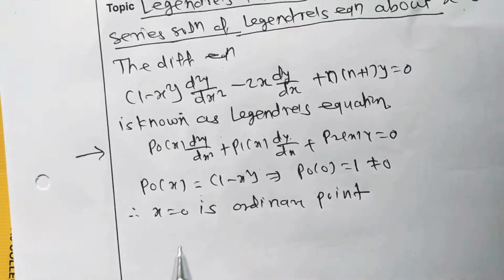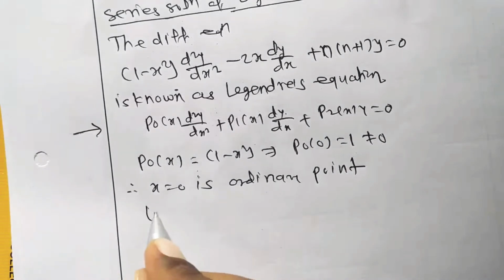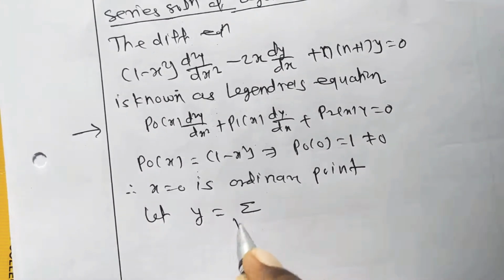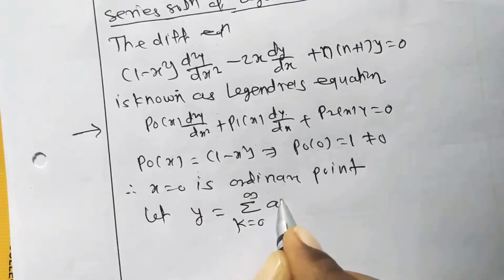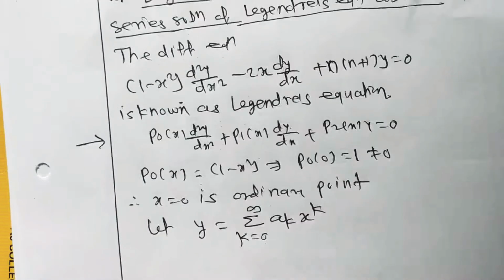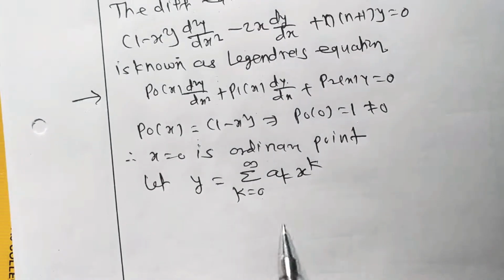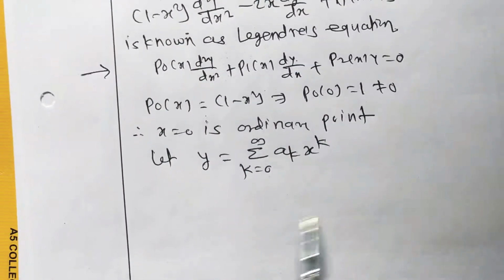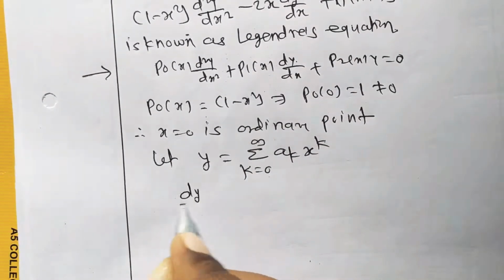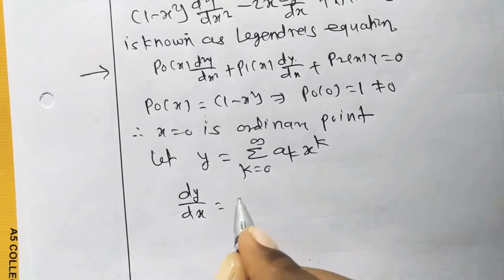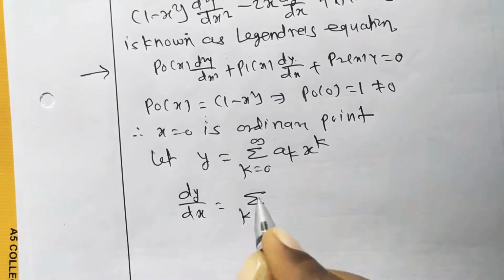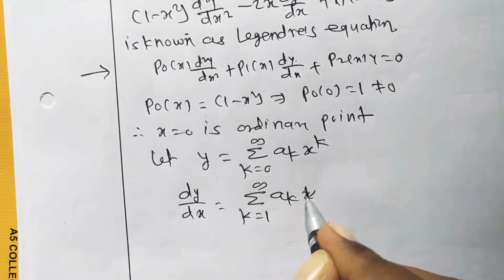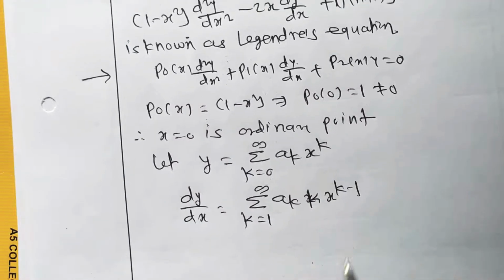If x equal to 0 is an ordinary point, this is not a singular point. x equal to 0 is an ordinary point, so what solution do we take? We take the solution of the given differential equation as y equal to summation of k varies from 0 to infinity ak into x to the power k. After this, for solving this differential equation, what do we want? dy by dx and d2y by dx square. In dy by dx, the summation starts from k equal to 1: ak into derivative of x raised to k, that is k into x raised to k minus 1.